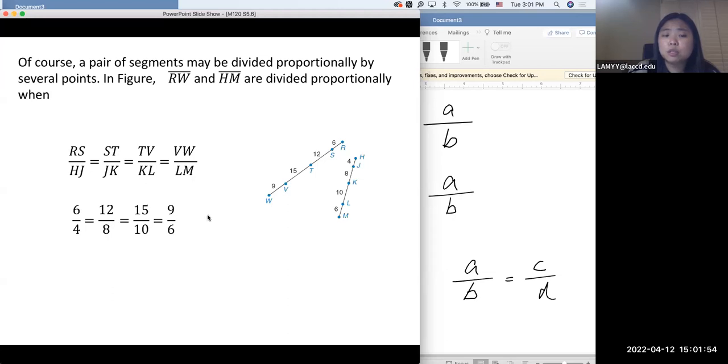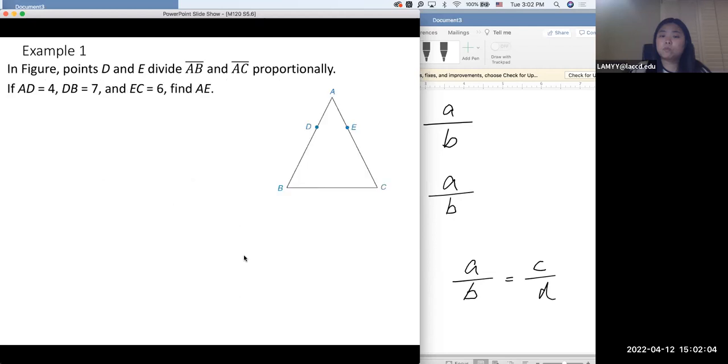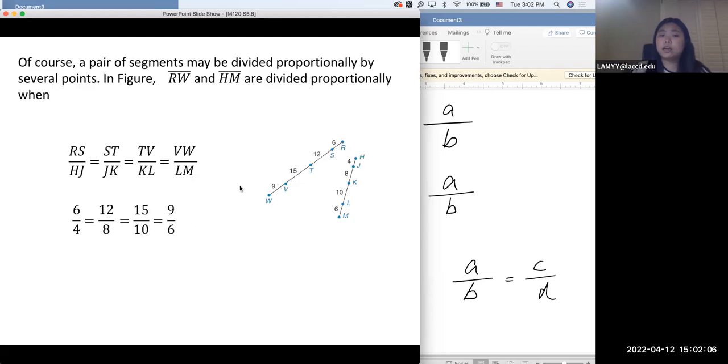We could plug in those numbers here. Again, copy it to your notes. When you simplify all of them, it's going to be equal to 3 over 2, right?